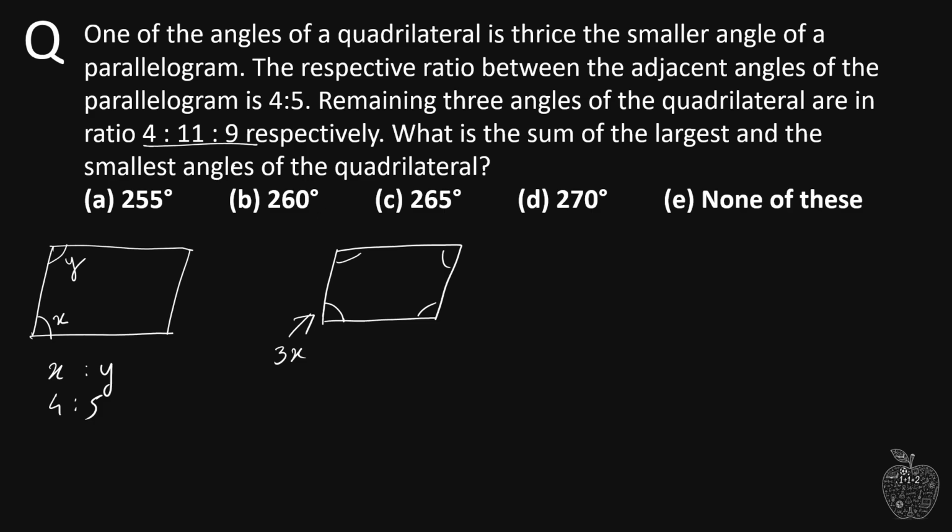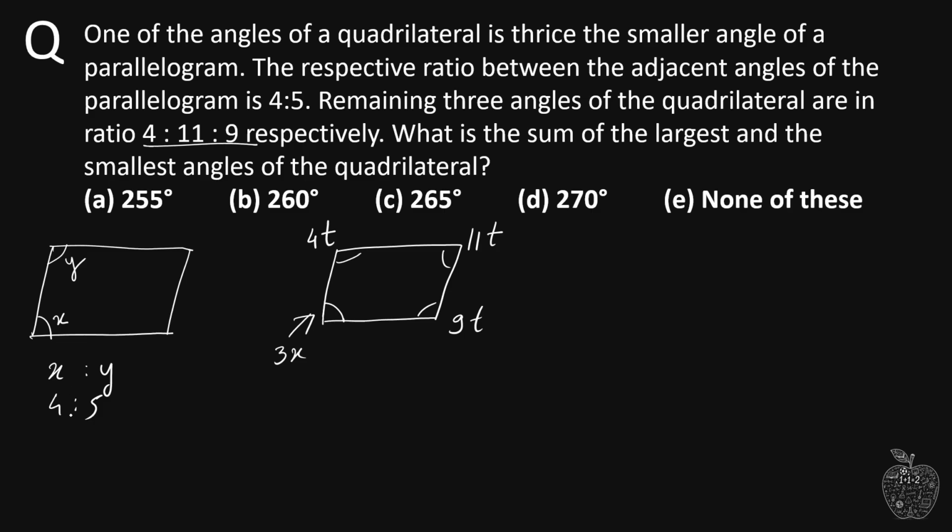So let's say this angle is 4t, this angle is 11t, and this angle is 9t. I have just assumed a common multiple factor here. So this much is clear, and we have to find out the sum of the largest and the smallest angle of the quadrilateral.